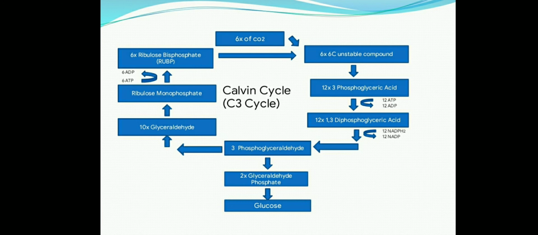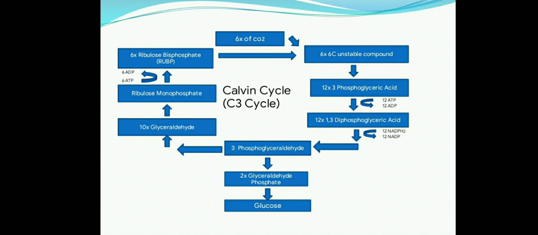For the fixation of 6 molecules of CO2, 6 turns of the Calvin cycle are required. So this process, where phosphoglyceric acid is reduced using 12 ATP and NADPH2 and ultimately forms 1 molecule of glucose, is the second process, reduction. First was carboxylation and second reduction.